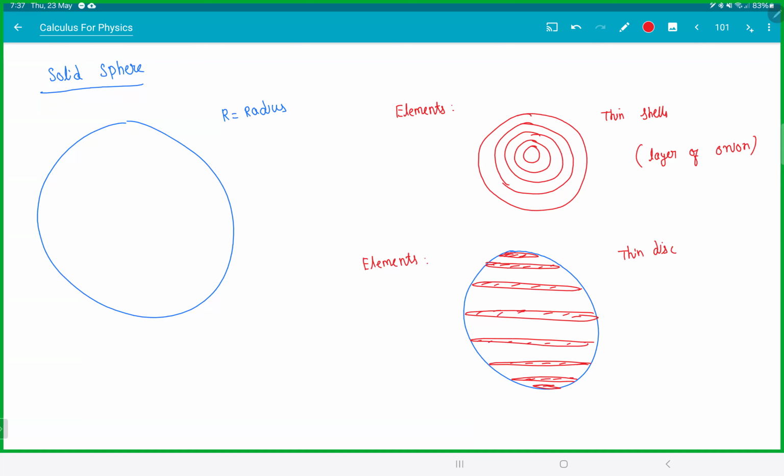Both are right, meaning depending on the format of the question, we can use either of them. But shells are one of the most commonly used ones. Like I said, the most important thing is how you choose your limits. So let me show you how to find the volume of a solid sphere. We will use shells.